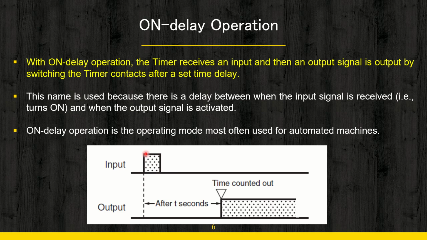You need not keep it continued entirely in order to get the output signal. Once you give the first trigger of the input signal, the counting gets started, and once the preset time is over, your timer output changes state. In case of most of the automated machines, this on delay operation is used.